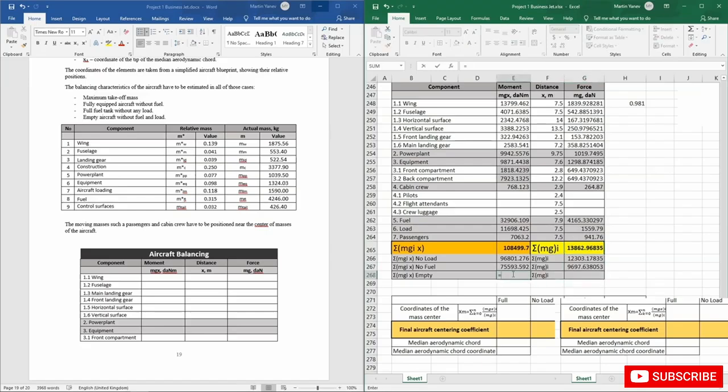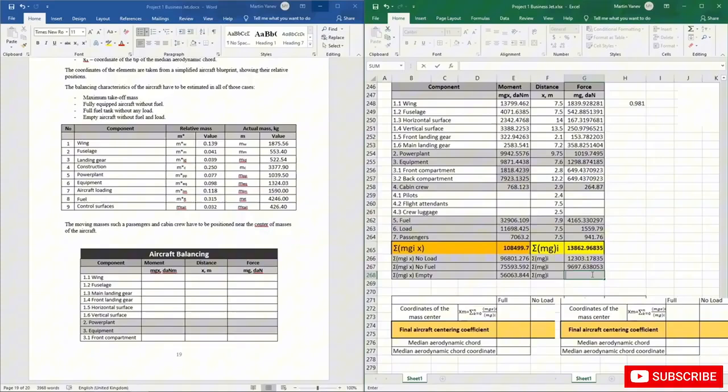And finally, for the empty aircraft, we would like from the mass to simply deduct the passengers, minus the load, minus the fuel, and minus the cabin crew, okay? And this is the moment produced by the empty aircraft.